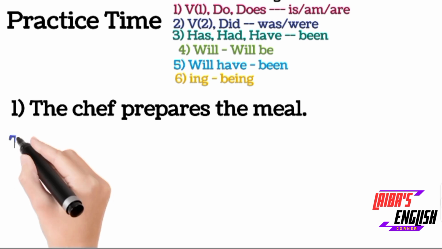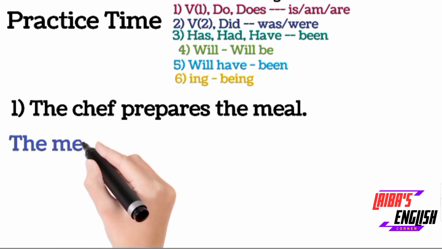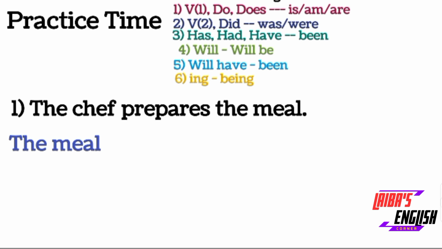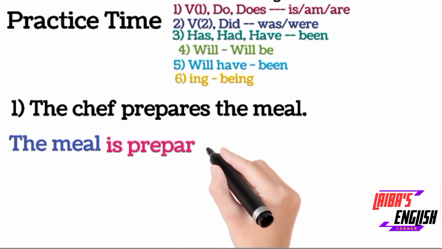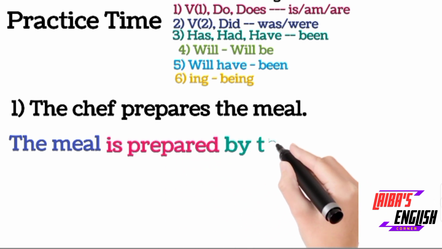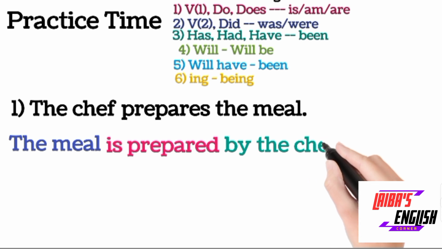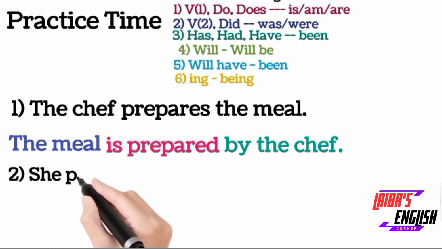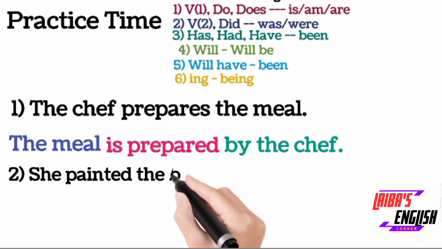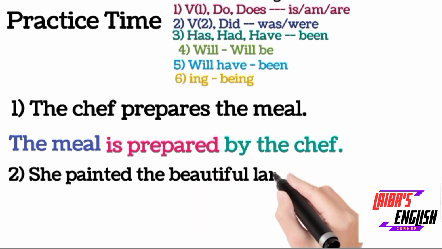In "chef prepares the meal", the meal will be the subject because the subject goes in the place of the object and the object goes in the place of the subject. So the meal. We have the first form of verb, so we will use is as a helping verb, and prepared, the third form. So the meal is prepared. We will use by before the subject. So the meal is prepared by the chef.